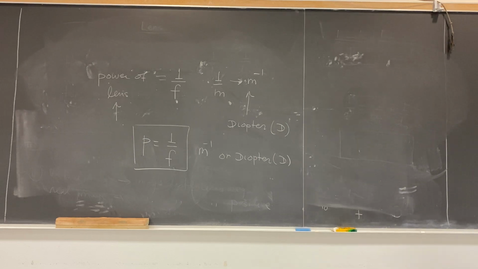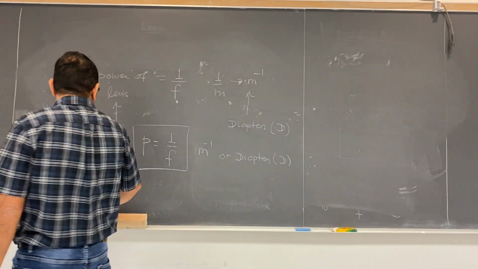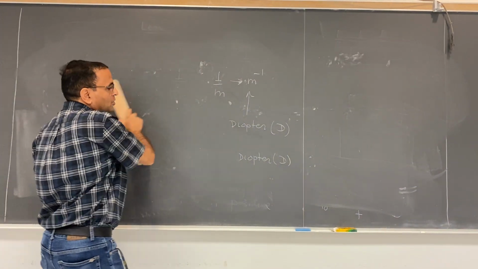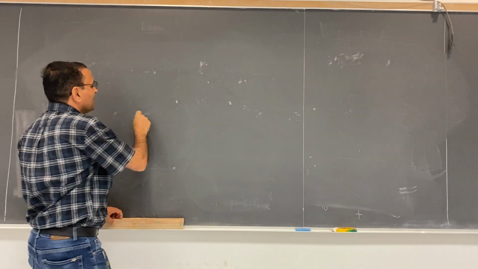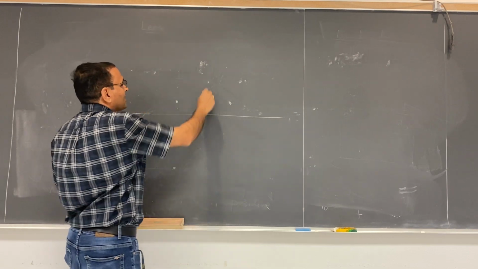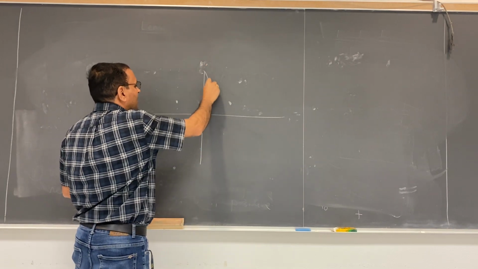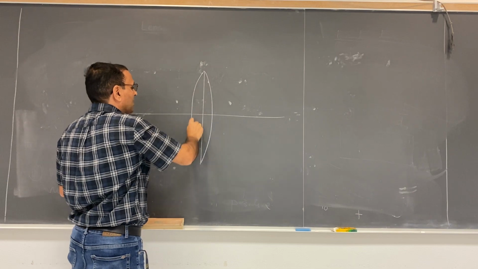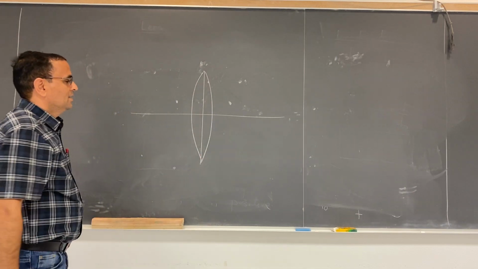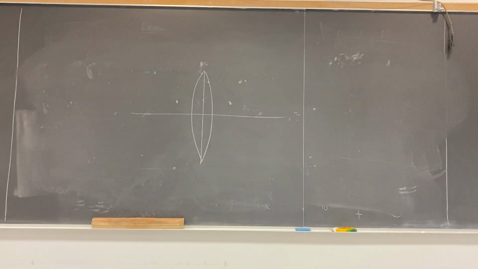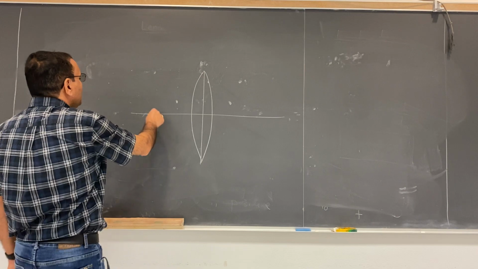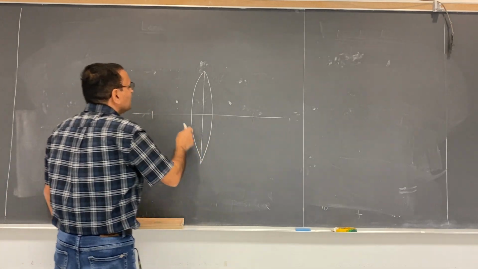Now, using this formula, I drew one ray diagram for when the object is at infinity. Look at this. This is the convex lens, and if you keep the object at infinity, can you figure out the image distance using the formula?